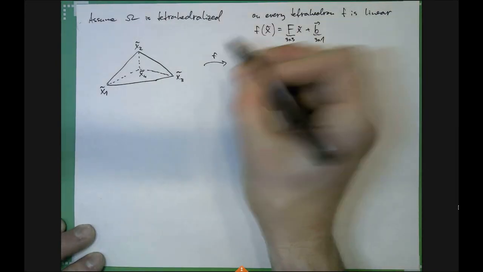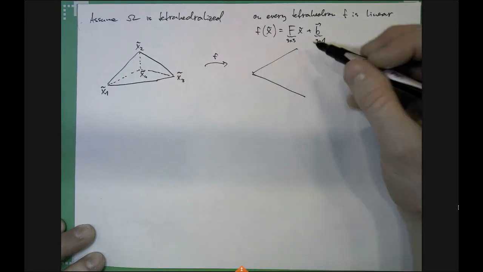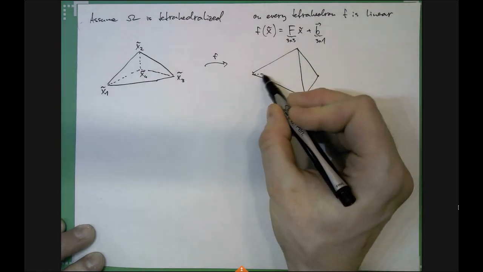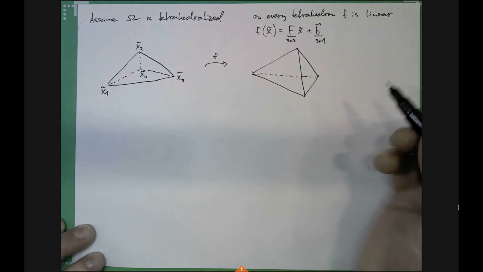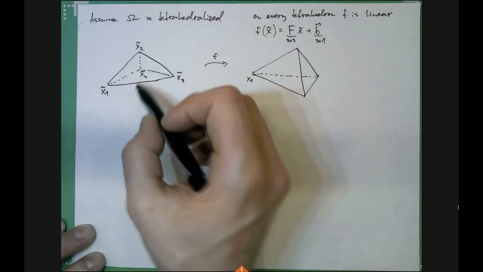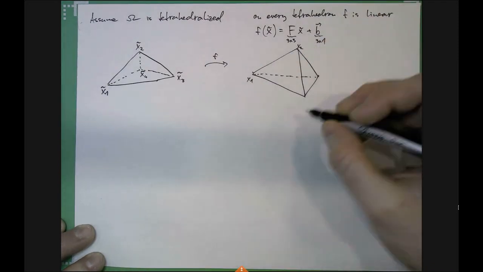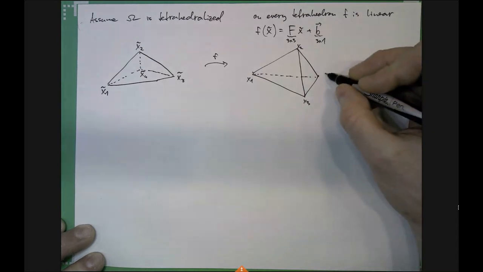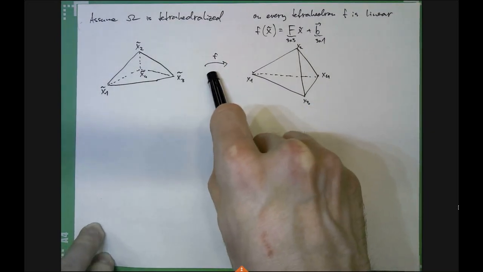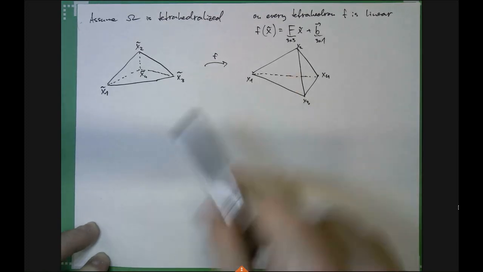And the mapping F maps it into some deformed tetrahedron like this. So you can be looking at it as a small piece of the volume, a small chunk of the material, and we are looking at the deformation of this particular chunk of the material, which is specified now just by an affine function F. Okay, so that means it takes this rest pose tetrahedron and maps it to some other tetrahedron.